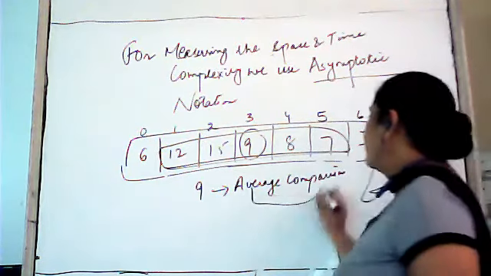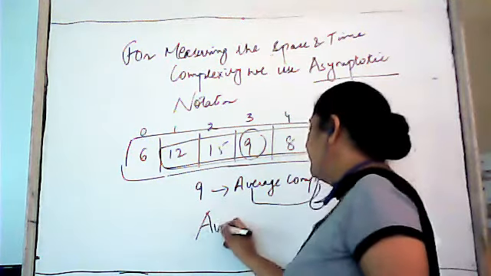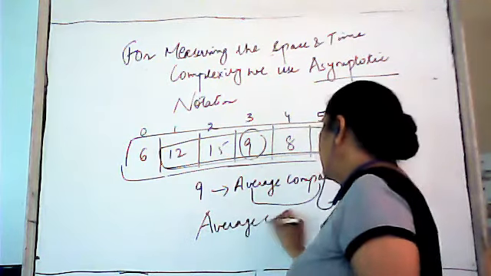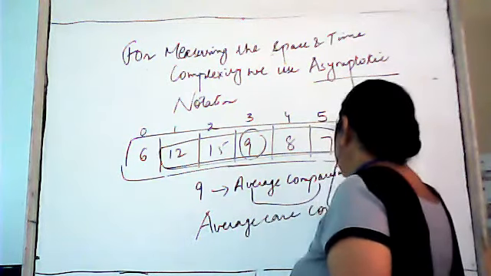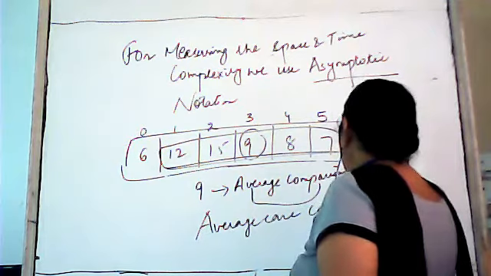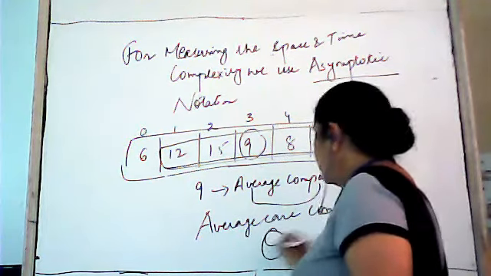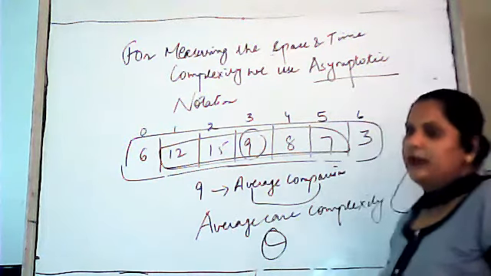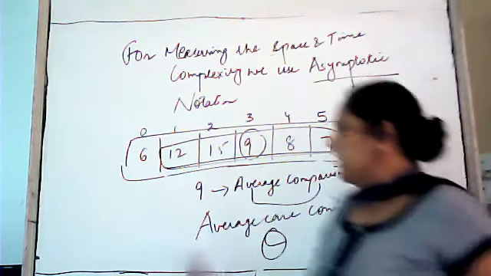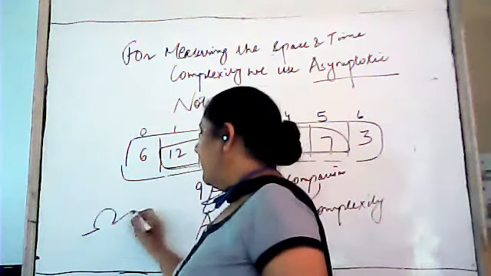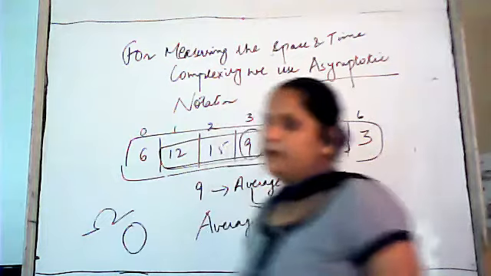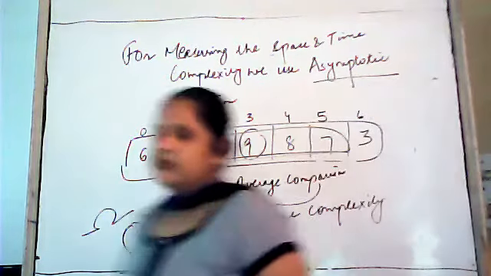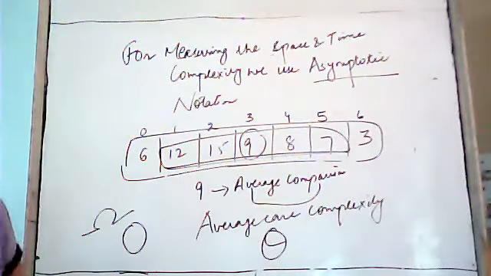So it will make the average comparison. So it is called average case complexity, and it is denoted by theta. Fine. Worst case is denoted by big O, best case is denoted by omega, and average case complexity is denoted by theta.